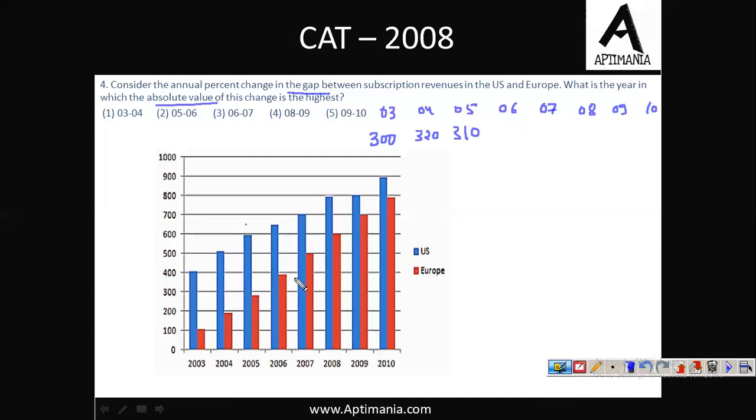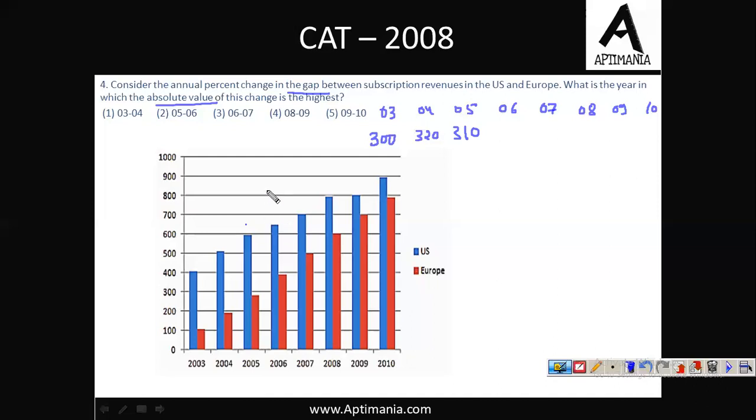In 2006, if we talk about the values, here it is approximately 650 and here it is approximately 380. Fine.